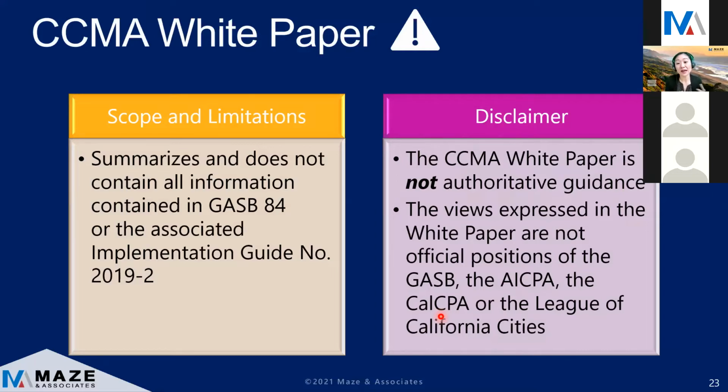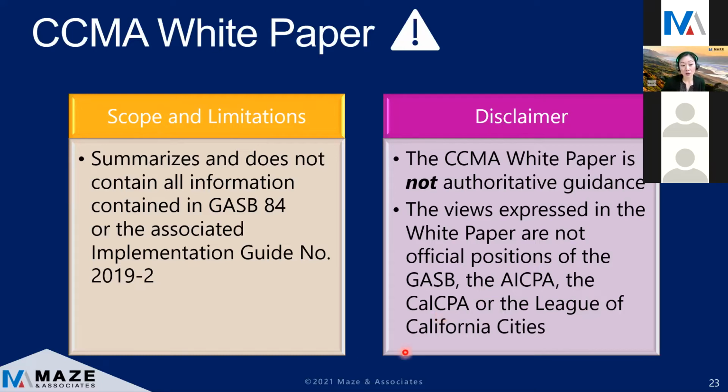It summarizes a lot of the information from GASB 84, but it does not contain all the information of GASB 84. So in your implementation, you do have to go back to GASB 84 and the implementation guide to answer the technical questions. But this is a very good reference white paper.